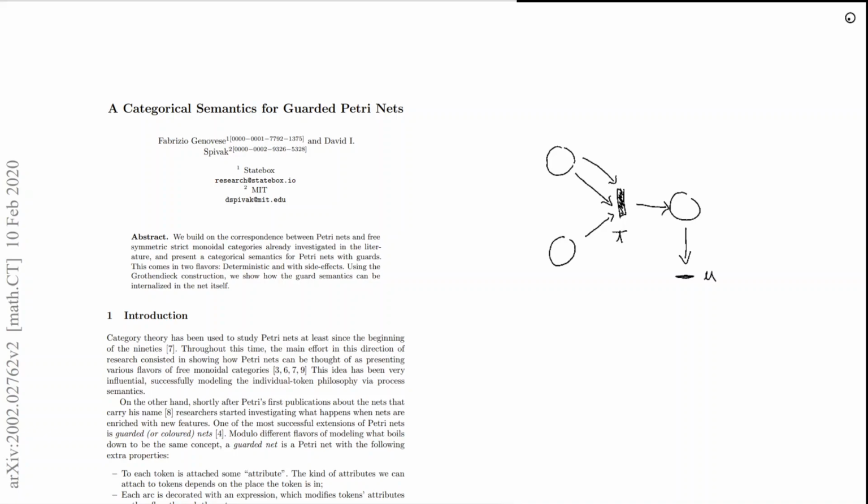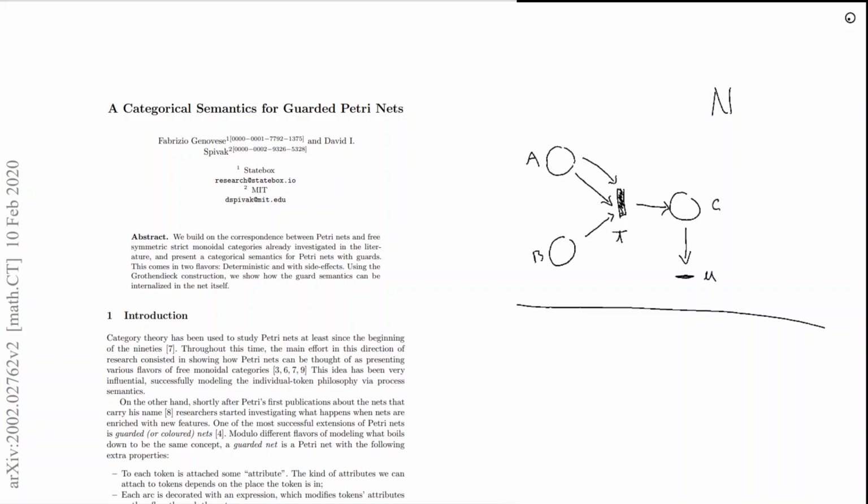And a long time ago, basically in the 90s, people realized that the executions of a Petri net, so all the possible runs of a Petri net, can be described categorically. And the way we do it is actually intuitively simple. We start with this net, for instance, let's call it N. Let's name places and transitions.